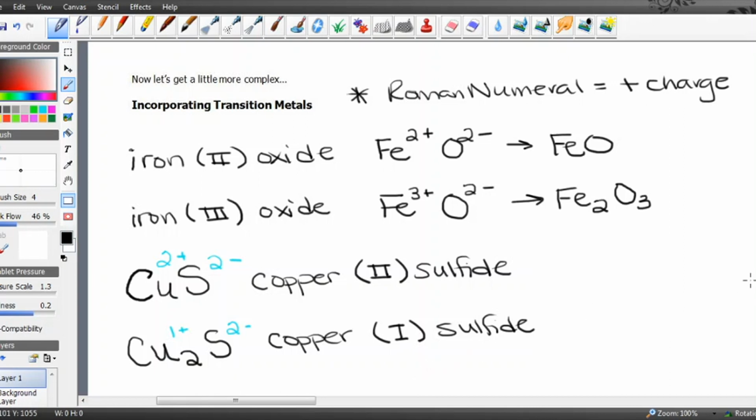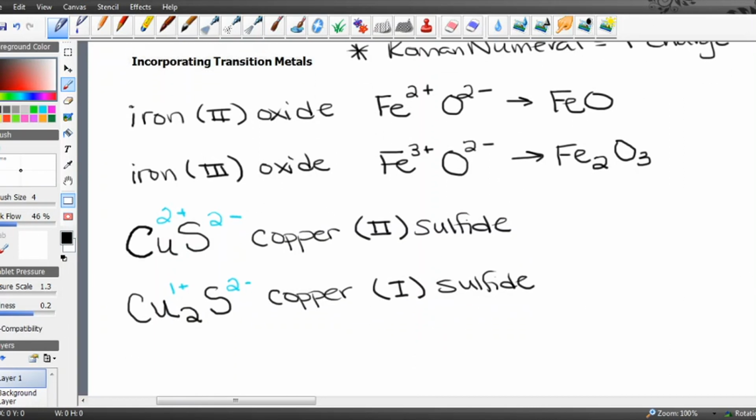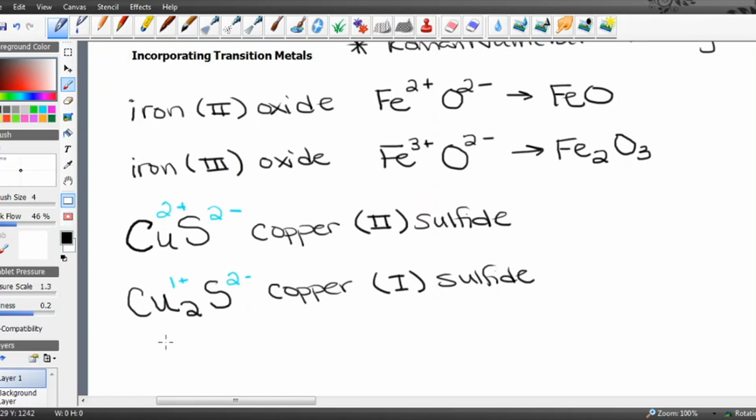Let's do one more example where we're working backwards from a formula to a name when we have transition metals in the mix. Let's say I have nickel and oxygen. That's what happens when I have to make up things on the fly.